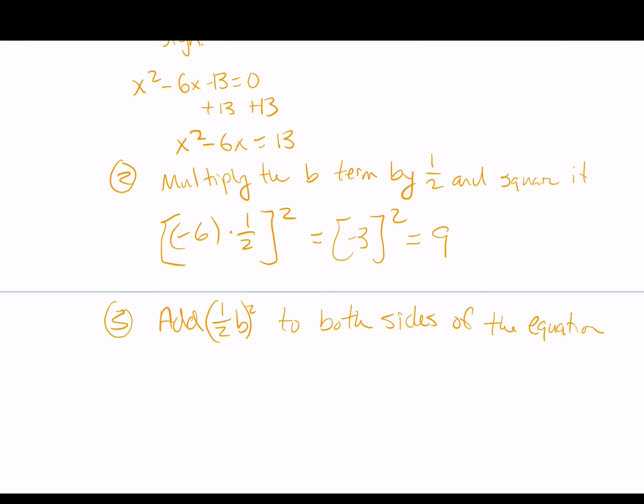And so we'll take the equation again. x squared minus 6x plus 9 is equal to 13 plus 9. Again, we've added 9 to both sides. And the resulting equation is x squared minus 6x plus 9 is equal to 13 plus 9, which is 24. Sorry, 22.